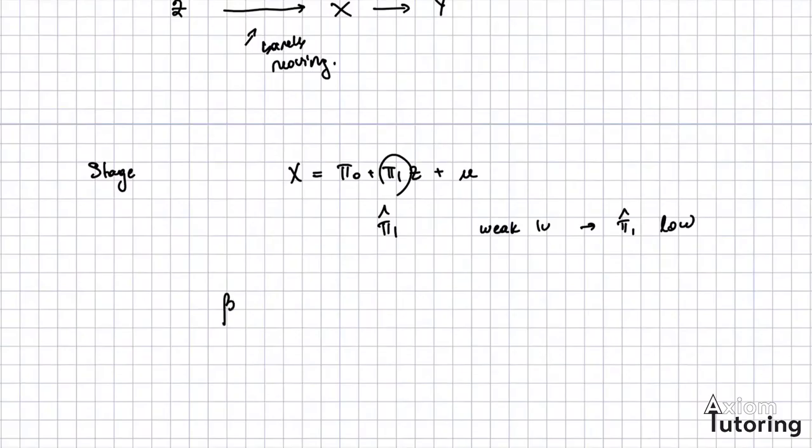And if you remember, the beta hat IV is gamma 1 hat divided by pi 1 hat. So that means that if this pi 1 is very, very low as a number, the entire beta IV is going to be quite high as a number because the pi 1 is in the denominator.